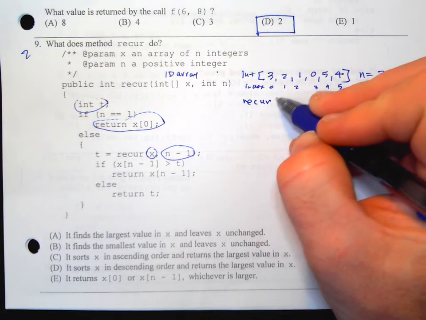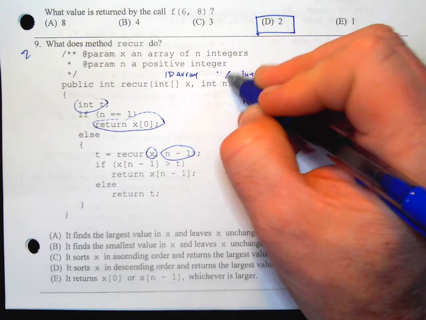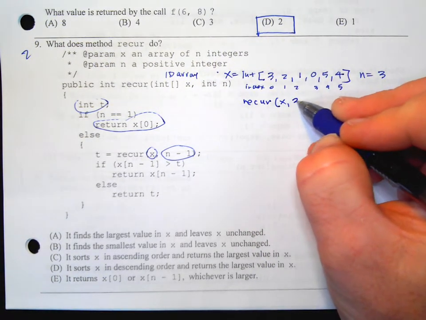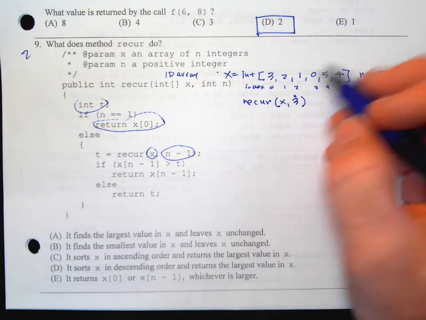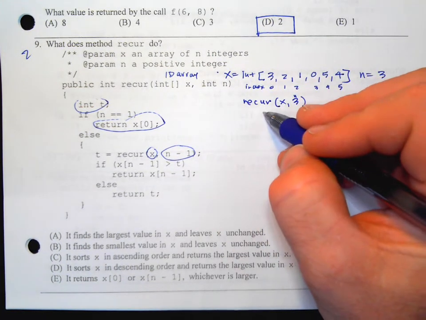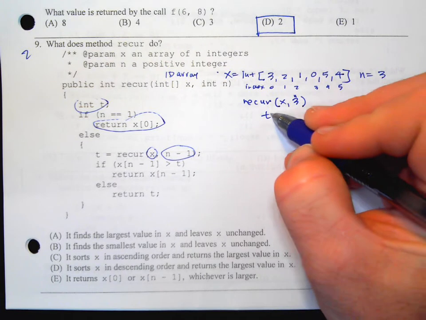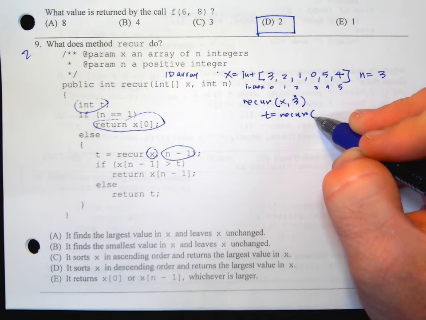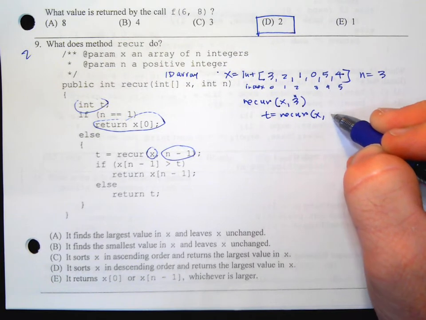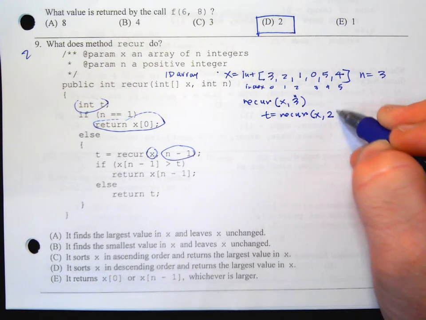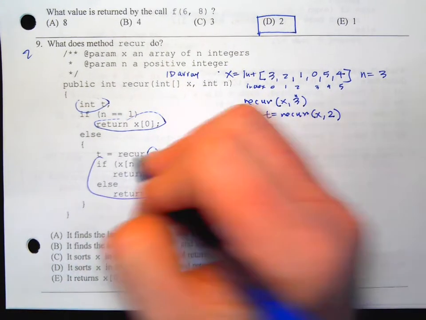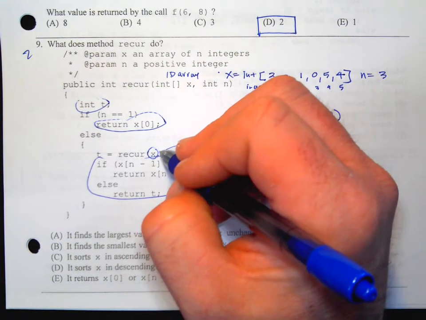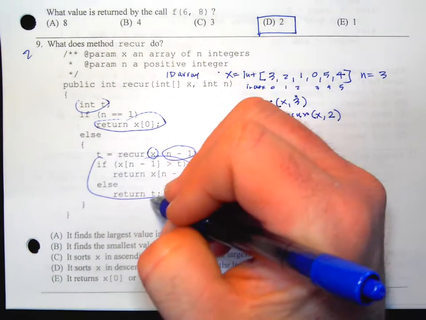Recur, we give it this array x and the n value, which is 3. They're not equal. So then it says, okay, well, t equals recur, and it uses x and it decreases n by 1. Now none of this stuff happens right now as these calls to recursion are being called, because now we're stuck in the next recursion call. That has to finish before we come down here.